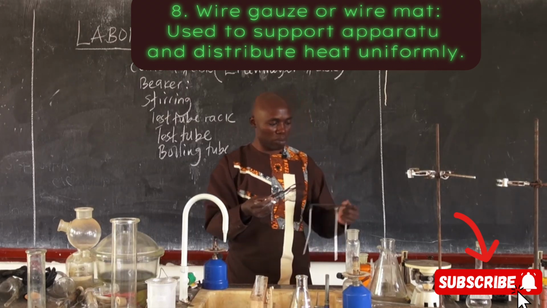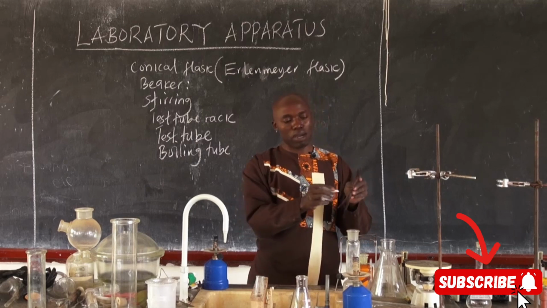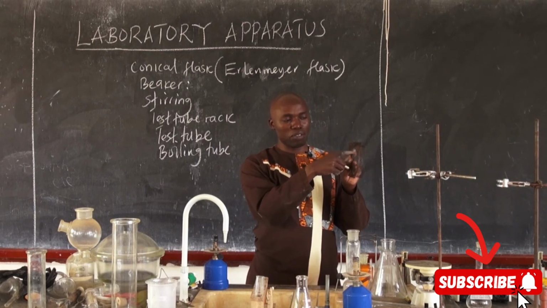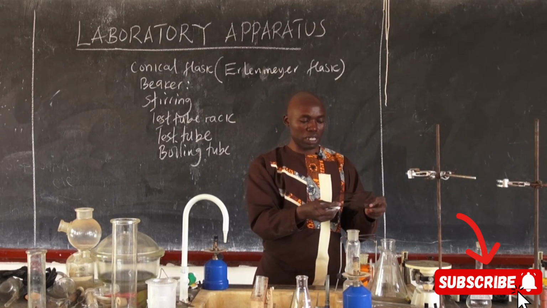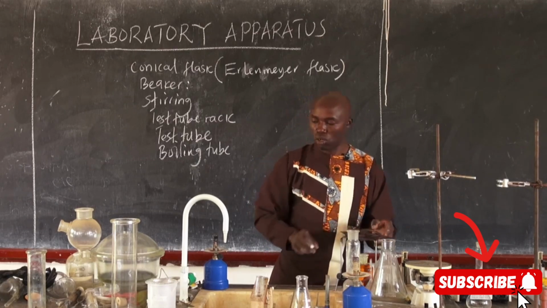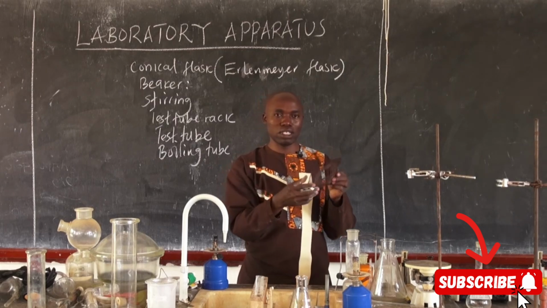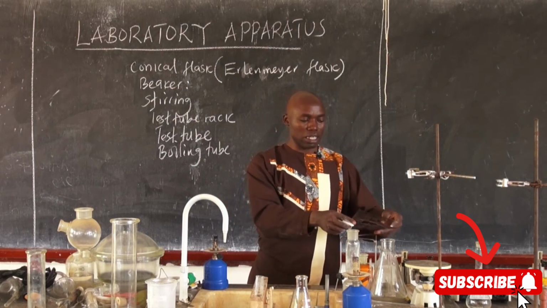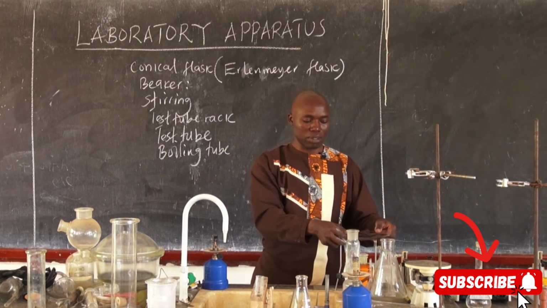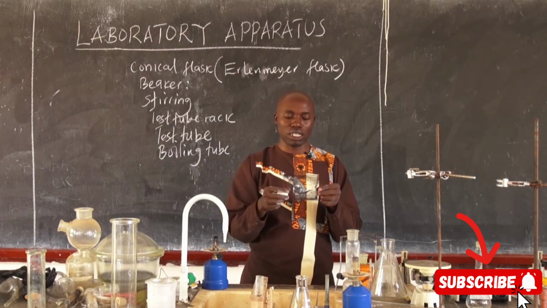So some of them, due to overusage, develop a hole. So we normally have a wire mat having something here which is hard to prevent heat from going through the direct heat. So we normally put what we call a pipe clay triangle on this wire mat to support other apparatus during heating. So a wire mat is used to support apparatus during heating.